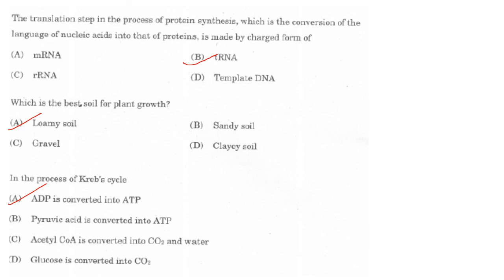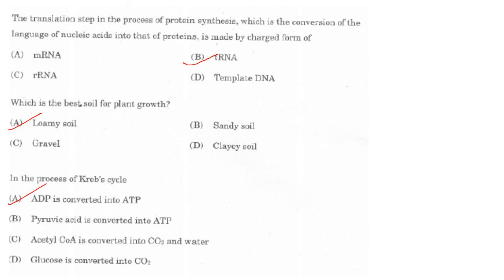Then in the process of Krebs cycle, ADP is converted to ATP. In Krebs cycle, it is the major source of ATP production in the cell. So a large amount of energy is produced after complete oxidation of nutrients.